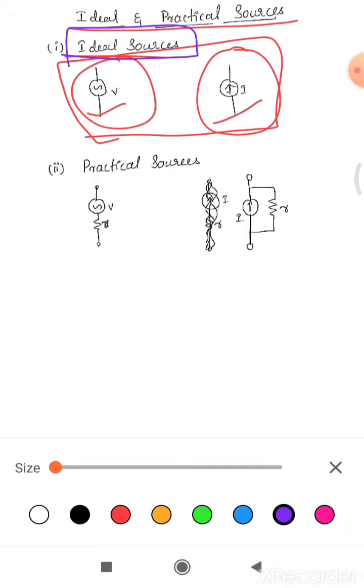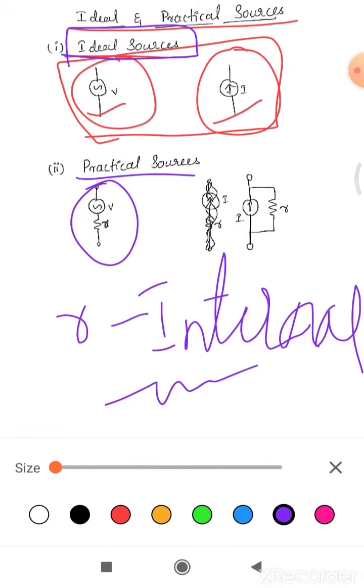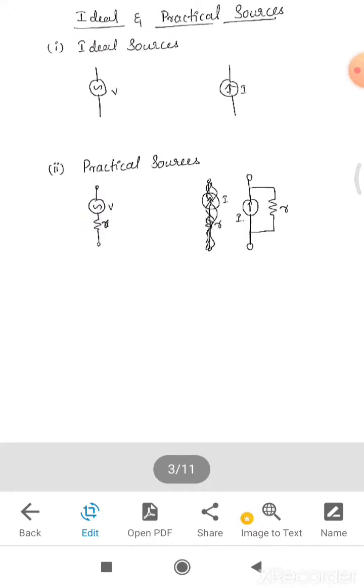When you are using a practical source, it is going to consume a bit of energy; that much potential is going to drop inside it due to internal resistance. This small r indicates internal resistance.